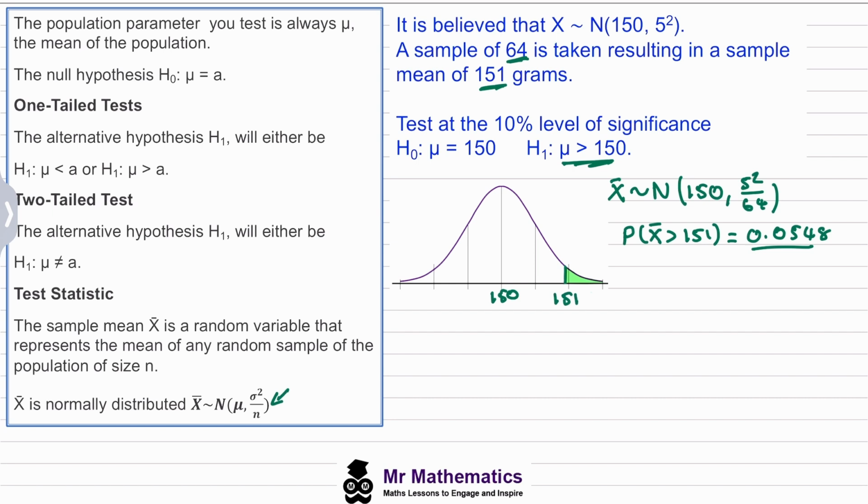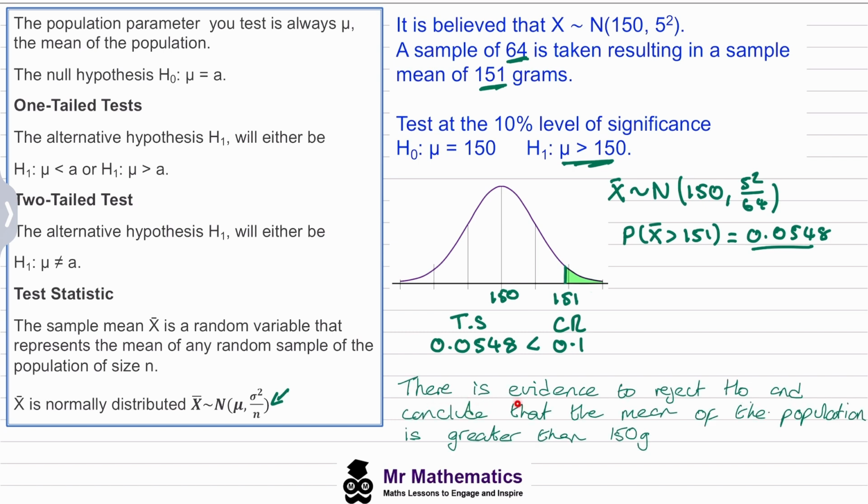So our conclusion then is that because 0.0548, our test statistic, is less than the critical region of 0.1, the 10% from our significance level, we say there is evidence to reject H0 and conclude that the mean of the population is greater than 150 grams. Okay?